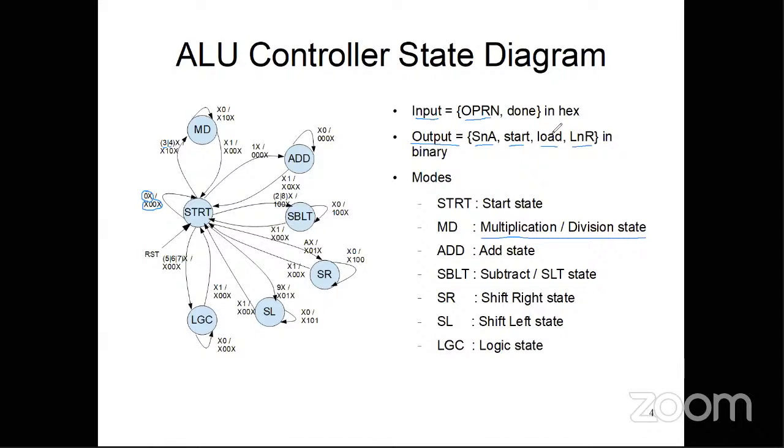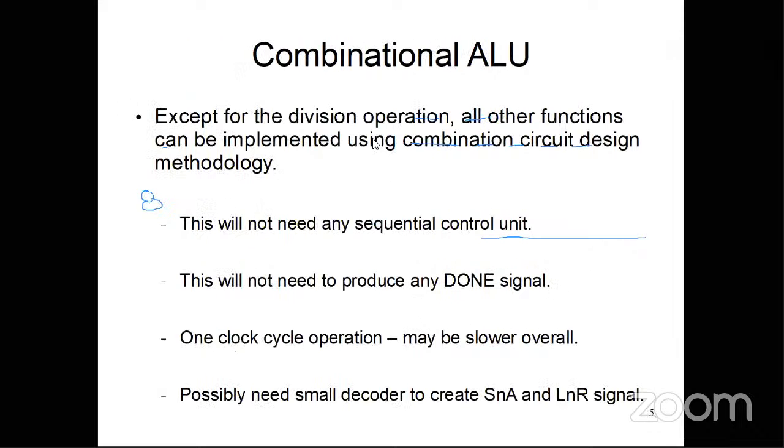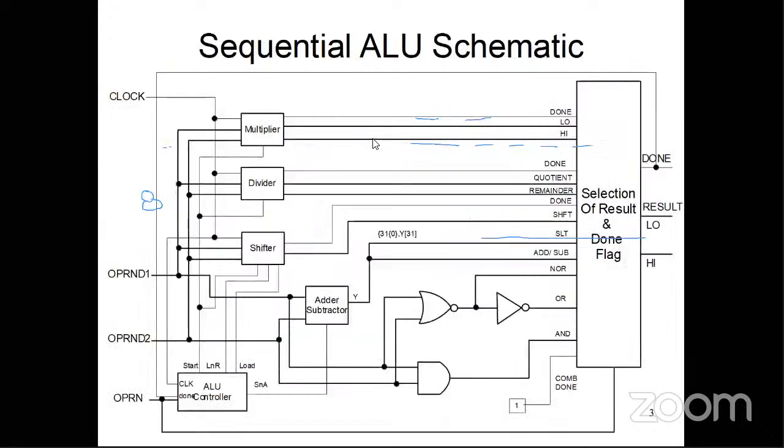So if I go back before this, okay, so look at this, operand 1 and operand 2 are directly connected to the multiplier. So this is assuming that as long as the controller is issuing the start signal, it loads those patterns.